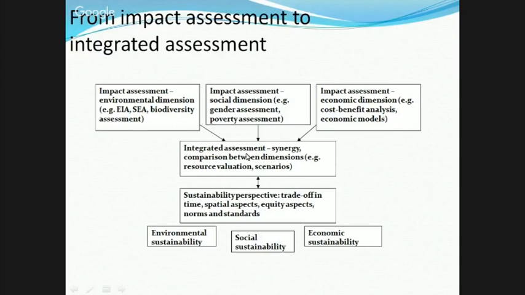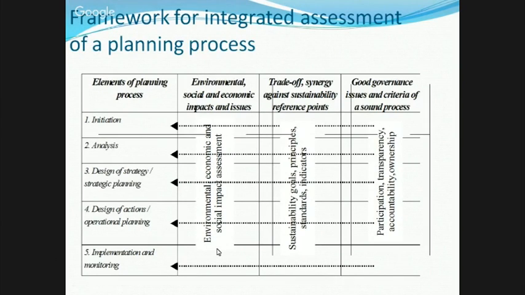So sustainability means that, as I said initially in that picture, it has to be environmental sustainability, social sustainability, and economic sustainability through various systems. We have to integrate all those systems to achieve total sustainability.